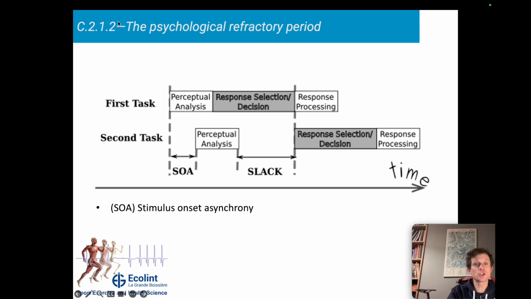If this difference is too much, it means that the first stimulus has already had a response selection decided upon, and so therefore the switch to the second stimulus again isn't very much delayed and the refractory period is quite small. This is why the timing of when you throw a dummy to an opposition in a game of football or basketball is particularly important.